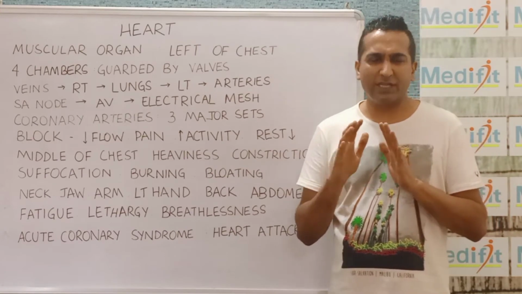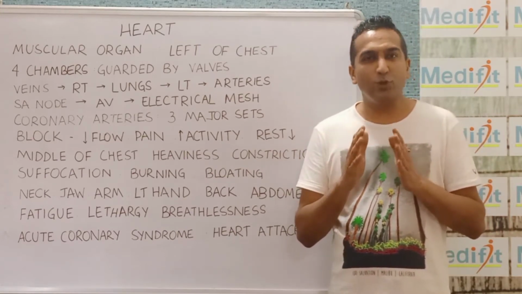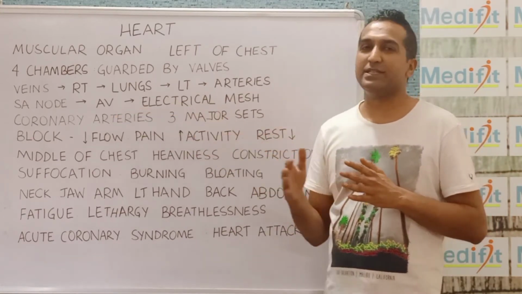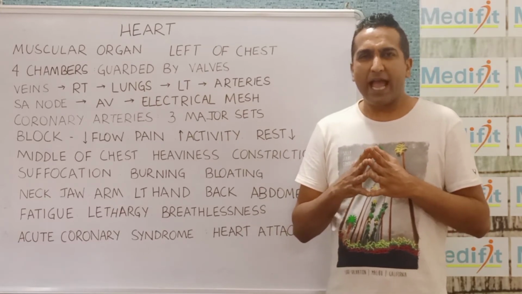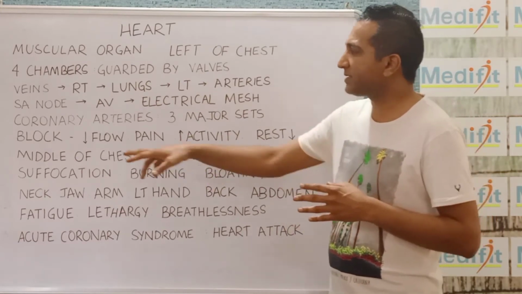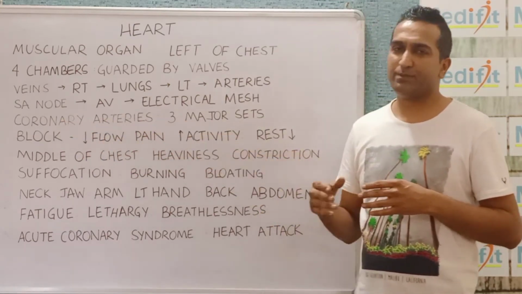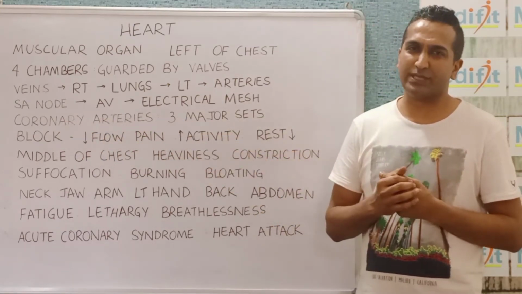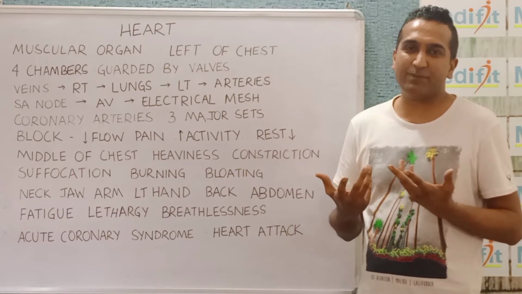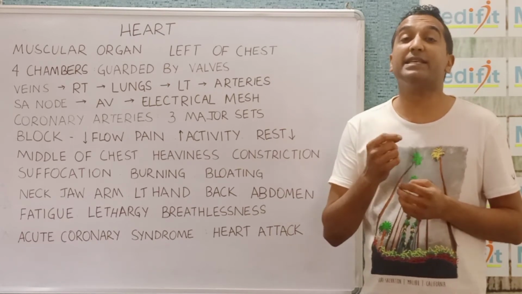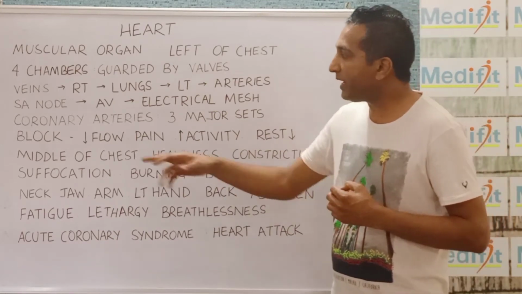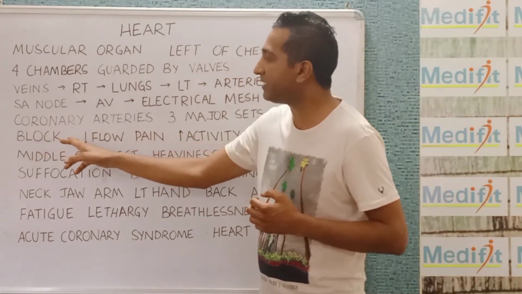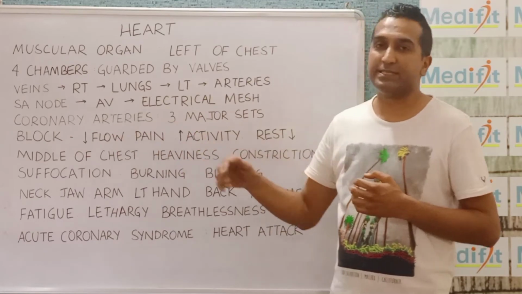Whenever we talk about heart disease, we usually mean coronary artery disease or ischemic heart disease. And what happens? As we age, blocks start to develop in the coronary arteries because of a process called atherosclerosis. It can be considered an aging process, but it becomes accelerated in some people, unpredictable in some people. And what happens when there is a block in the coronary artery? The blood flow decreases.